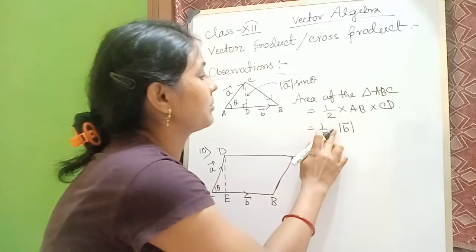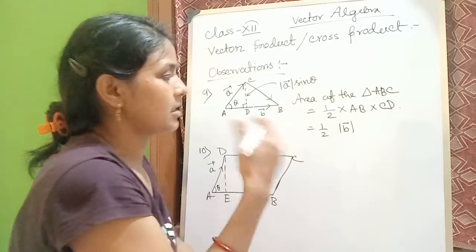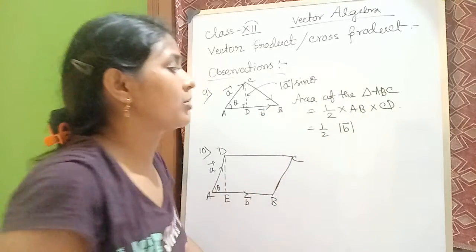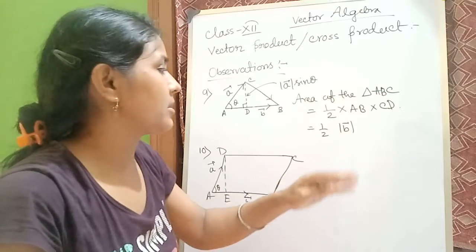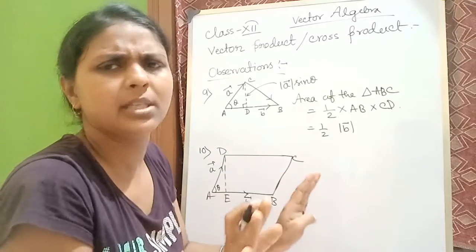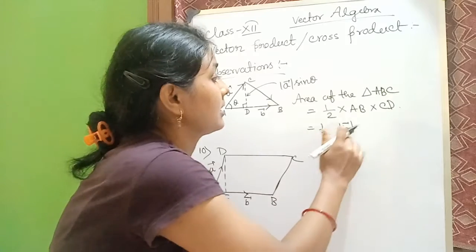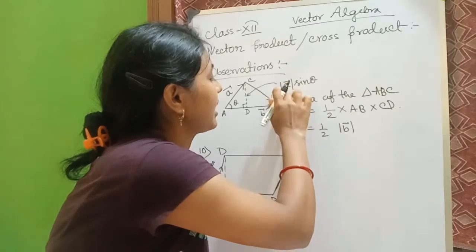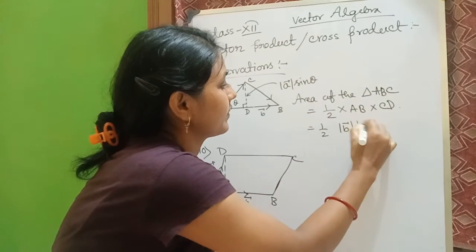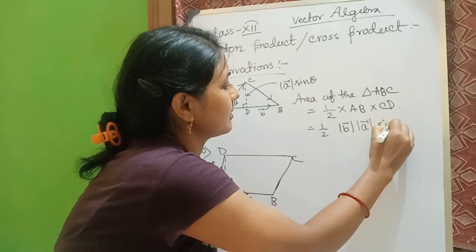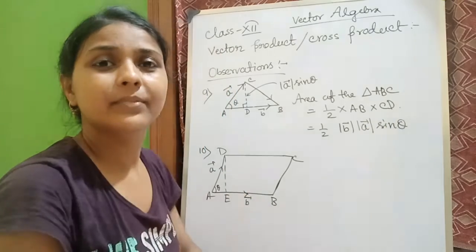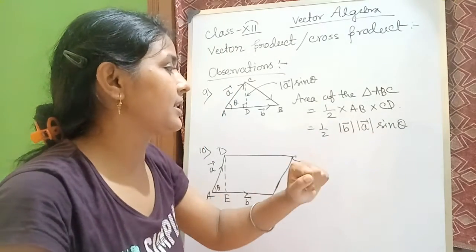Then, I am not writing the signs now because I am introducing vector notation. That's why I am omitting any cross sign or dot sign. Then CD we have got is mod A sine theta.